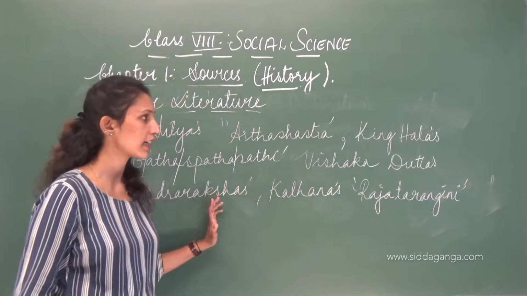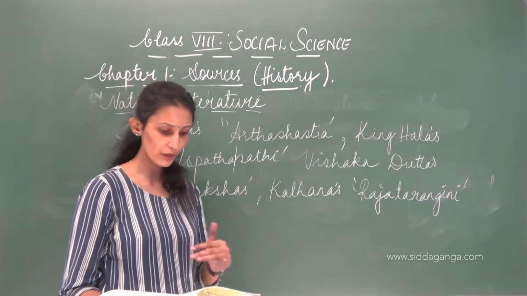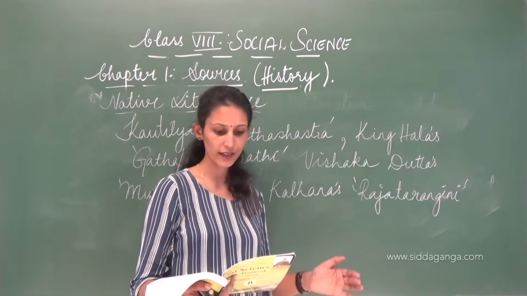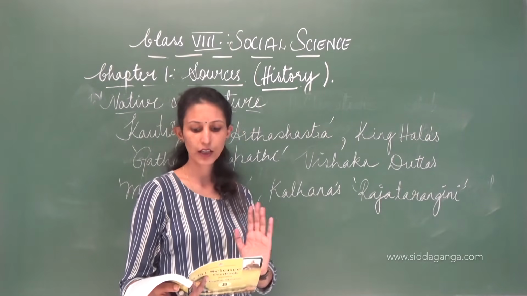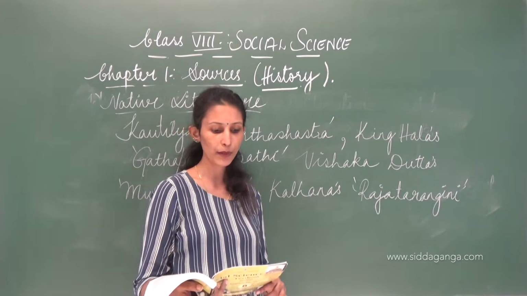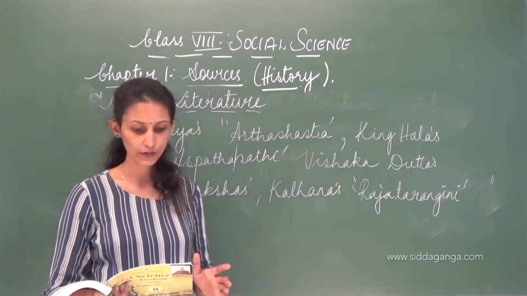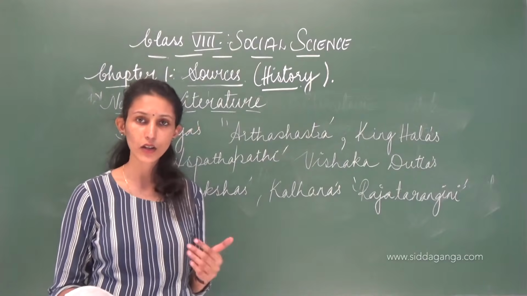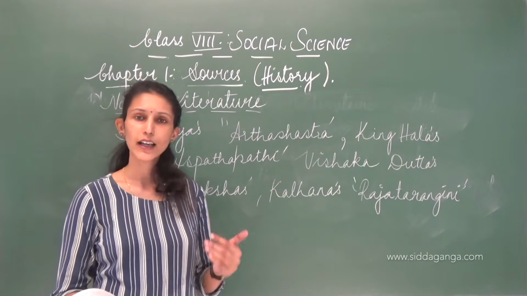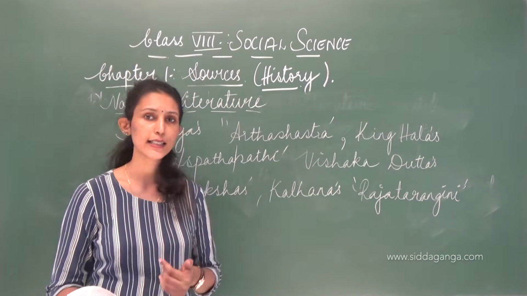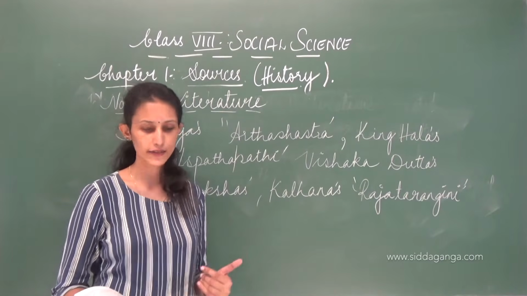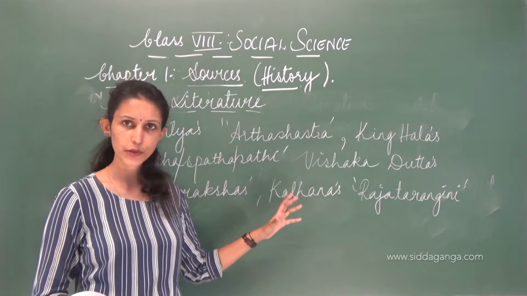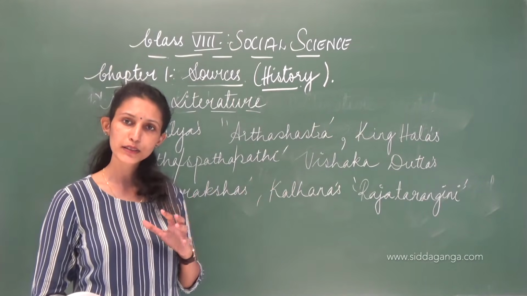Understand these few examples and a few others in your textbook. Banabhatta's Harshacharita, Chandbardai's Prithviraj Raso, and Pampa's Vikramarjuna Vijaya. All these works can be considered native literature because people in our country have written them.